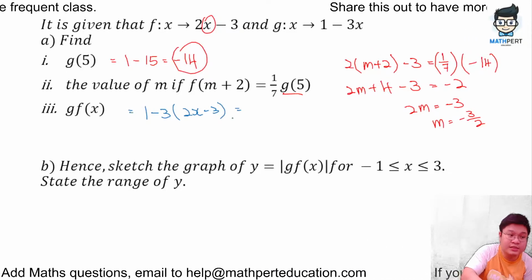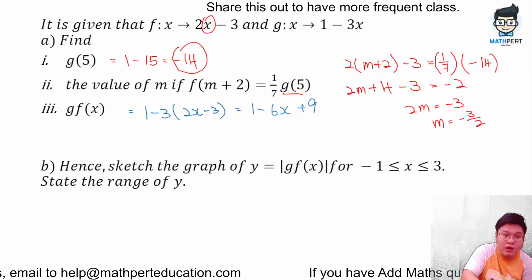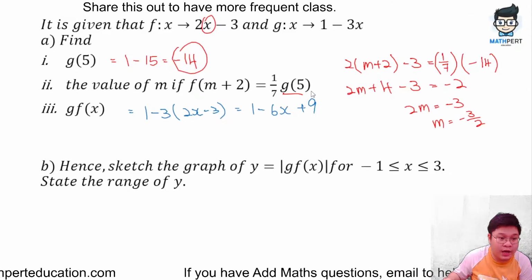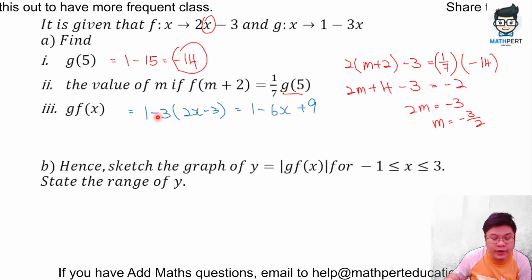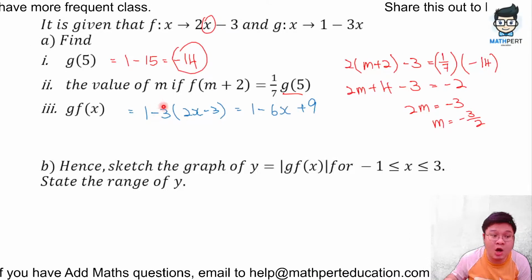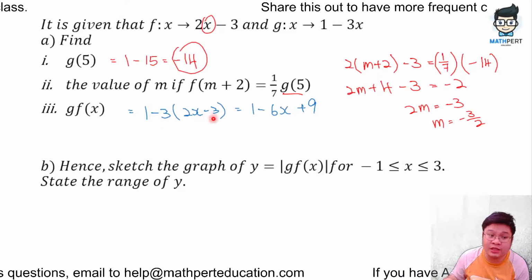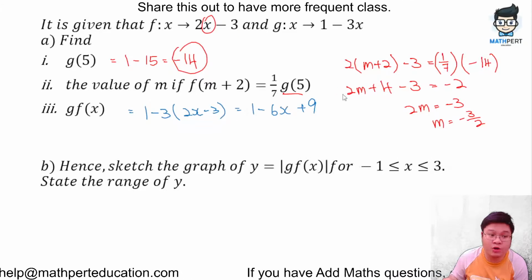That is 1 minus 6x plus 9. Always remember, the negative over here always follows the number or algebra behind it. So this is negative 3 and this is negative 3. Negative and negative, you get positive. So you get positive 9.